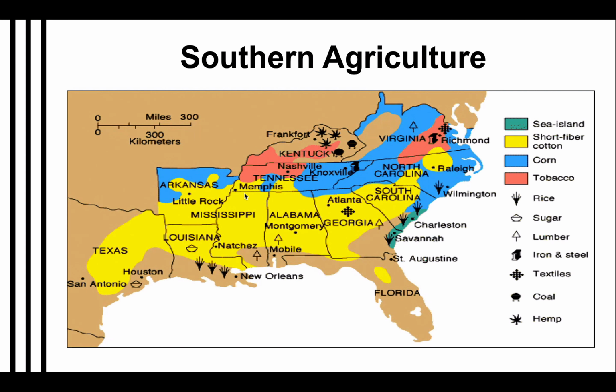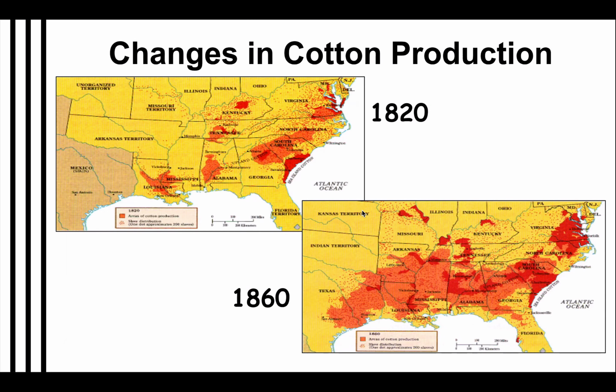Southern agriculture, once this short cotton fiber comes into play, it hits the South like a bomb, and all of these states, particularly those in the Mississippi River Valley, are going to be making a heck of a lot of money with this short fiber cotton. It was crazy. Okay, look at 1820 versus 1860. There is a very good reason why Jefferson Davis is president of the Confederacy, and that's because he made a ridiculous amount of money in Mississippi.